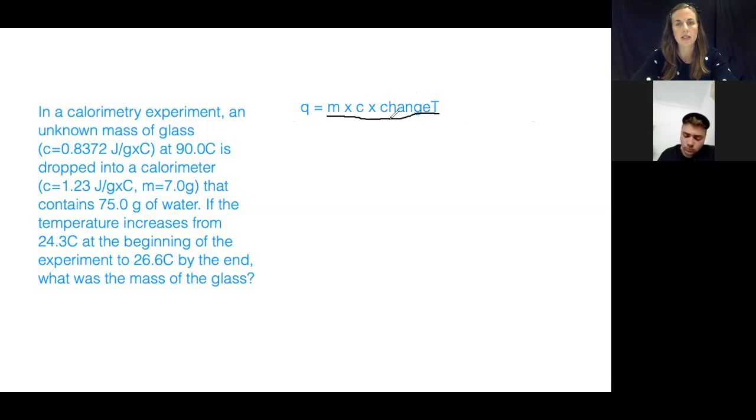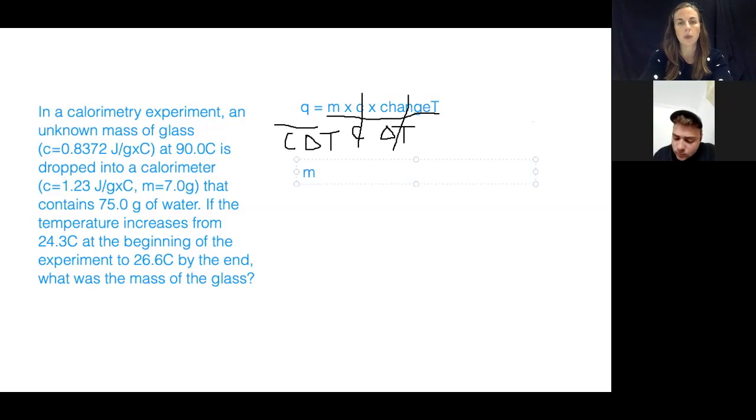So I'll divide this side by specific heat and change in temperature. So that's going to cancel and that's going to cancel. And I have to do the same thing on this side of the equation. It's a little messy, so I'll rewrite it in a second. So it's going to end up being the mass is equal to Q divided by C times change in temperature.